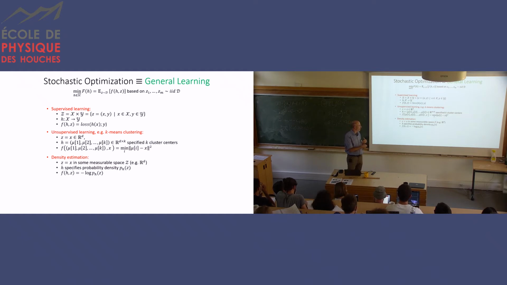If you take the expectation with respect to z, you get, up to a constant term, the KL divergence between the population and P of H.